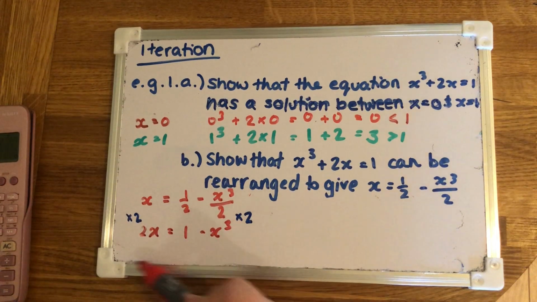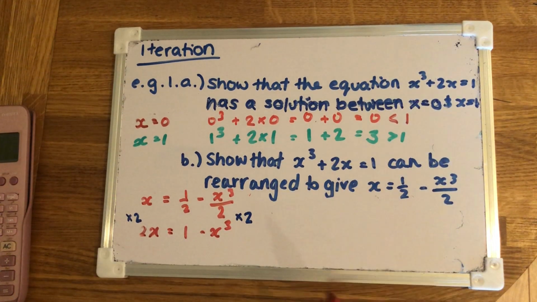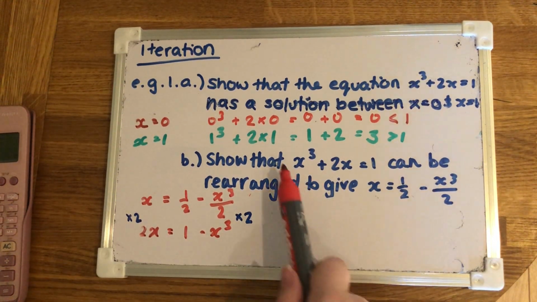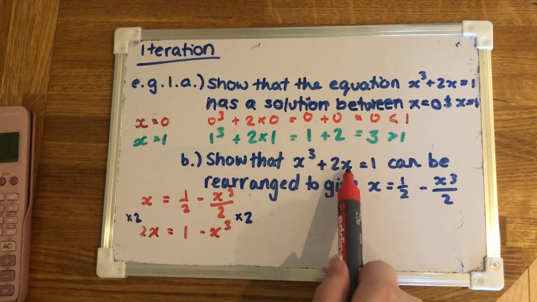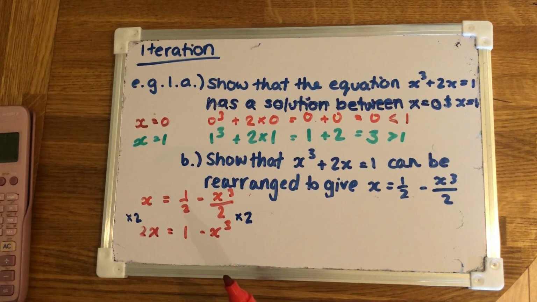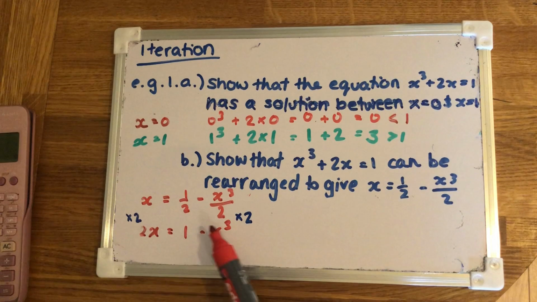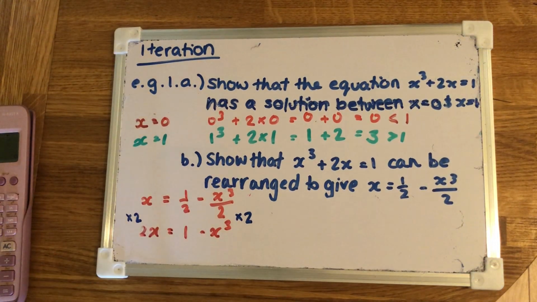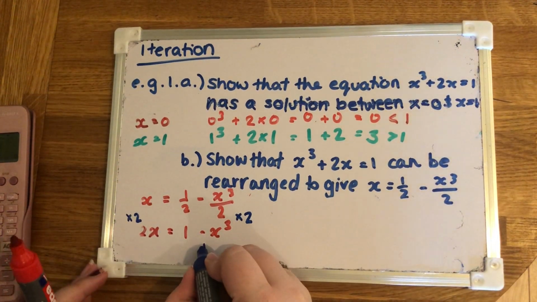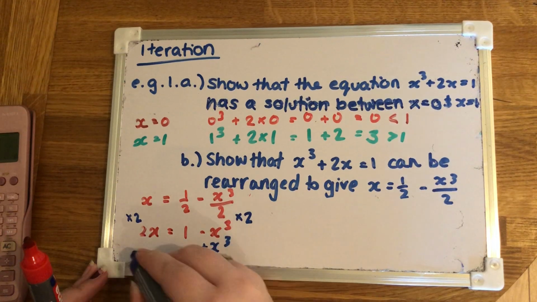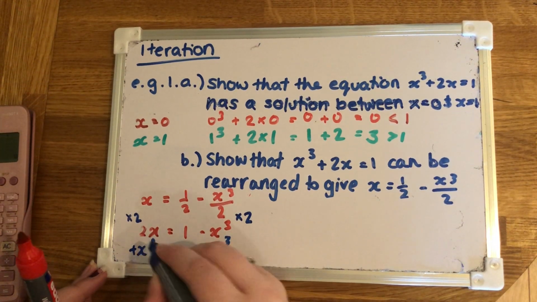Okay, so already it's starting to look a little bit more like what this one is. Okay, but in the original, the x cubed and the 2x are on the same side. Okay, at the moment they're on different sides. So what I'm going to do next is add x cubed onto both sides. Okay.